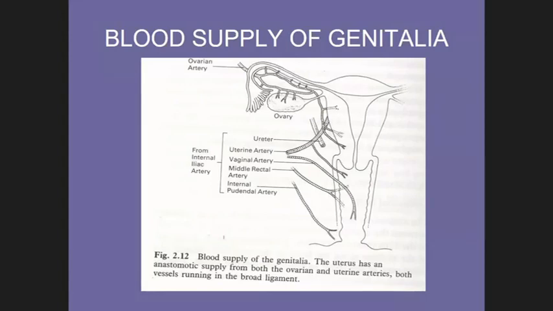Not only that, you can see it's supplied by the vaginal artery and vesical artery and all that. So all the arteries in that area supply the uterus. The uterus has an anastomotic supply from both ovarian and uterine arteries, both vessels running in the broad ligament.